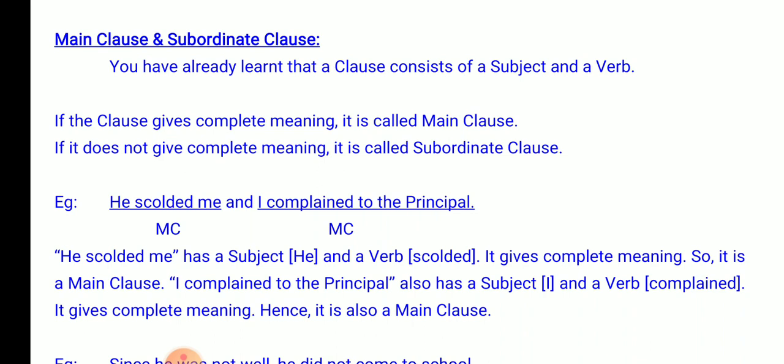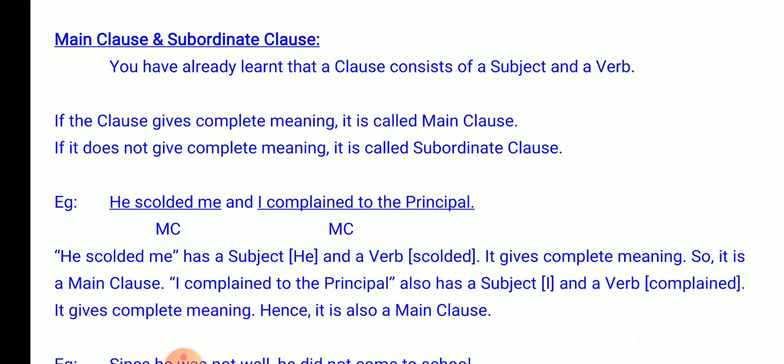There are 2 parts in this sentence. The first part is he scolded me, and the second part is I complained to the principal. These two parts are connected by the conjunction and. Now, let us deal with the first part of the sentence, he scolded me.